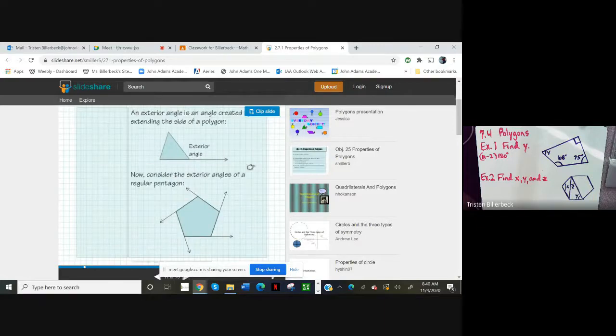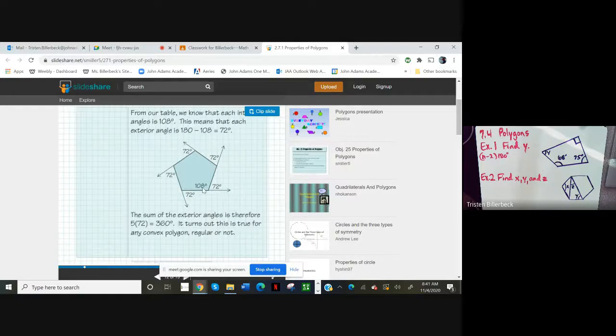So if we look at exterior angles, we already talked about the exterior angle theorem for a triangle, how this angle is equal to the sum of the non-adjacent angles here. But if we consider a polygon with more sides than 3, these are our exterior angles right here. So this is for a regular pentagon.